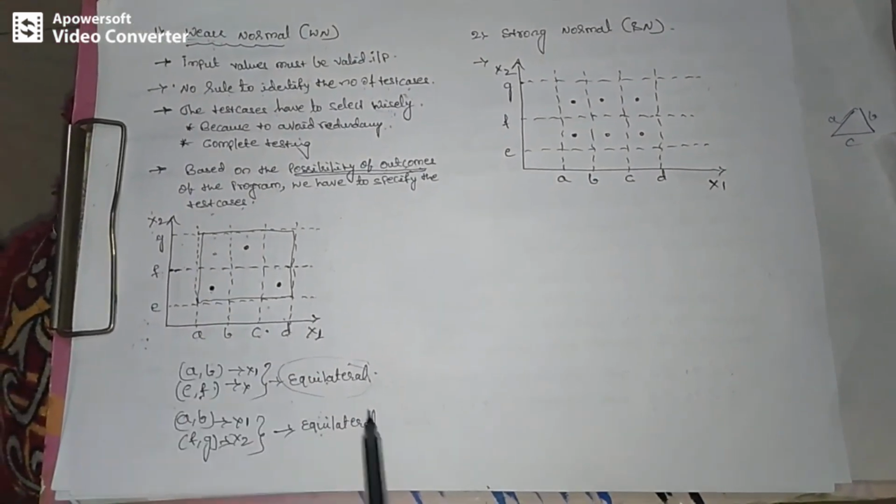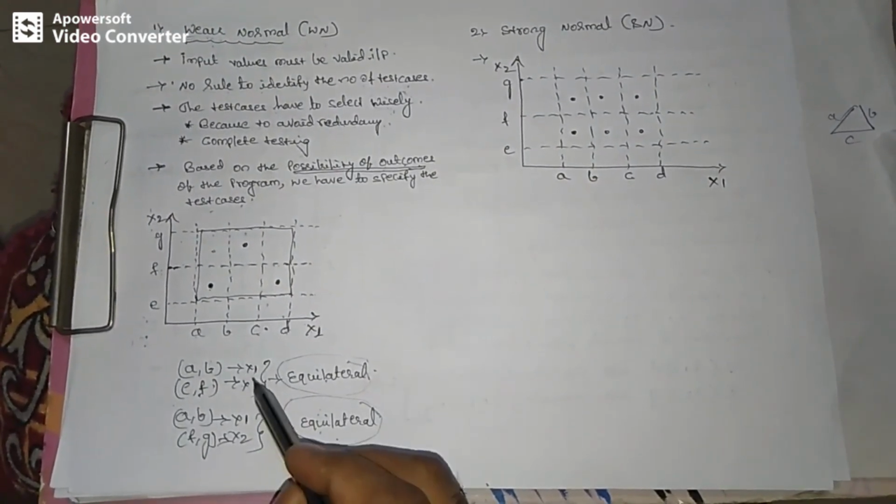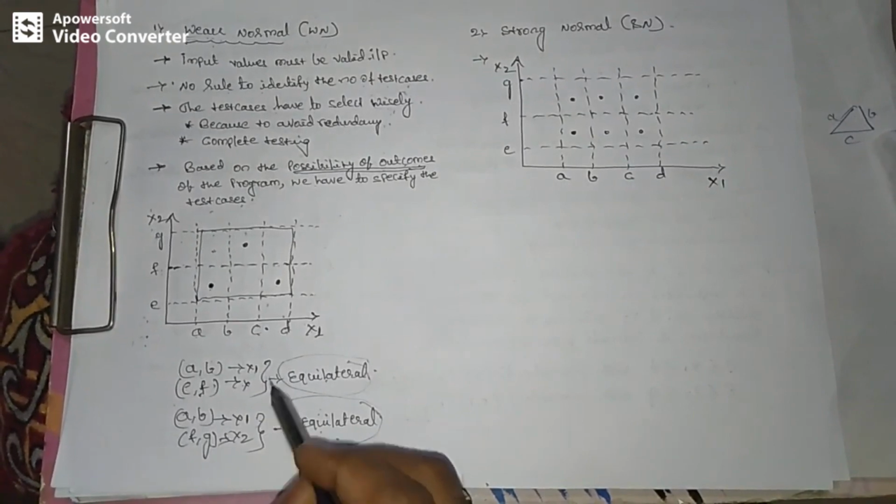If you select this partition and once again get the same output result, this is an example I am giving for a triangle problem. If you specify a value from this partition and get an equilateral triangle, or if you select a value from this partition and once again get the same output result, an equilateral triangle, then both the partitions are the same.